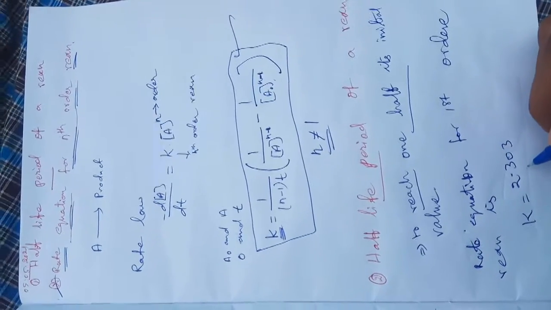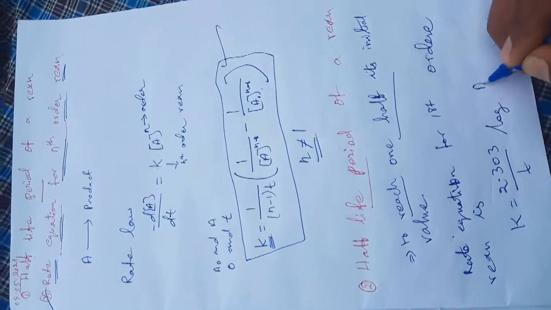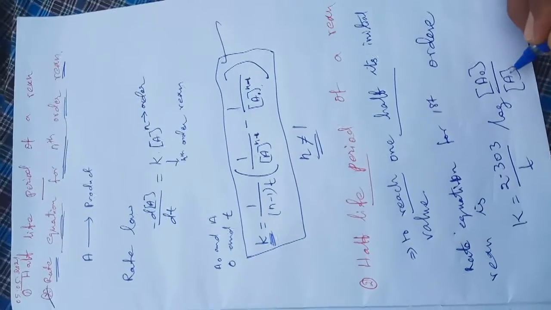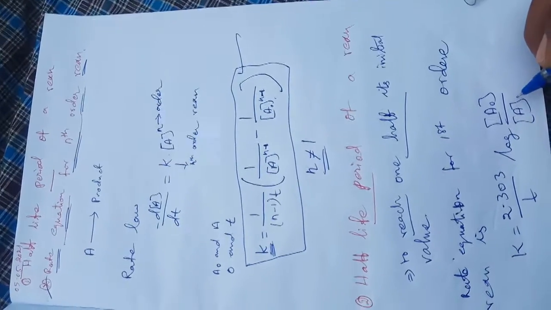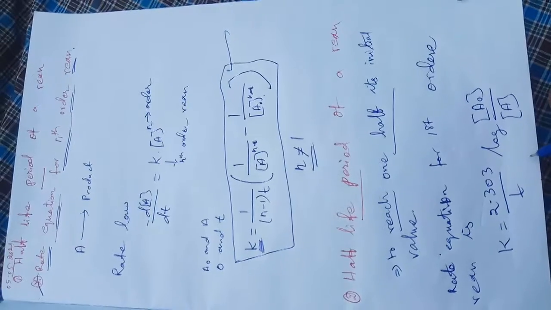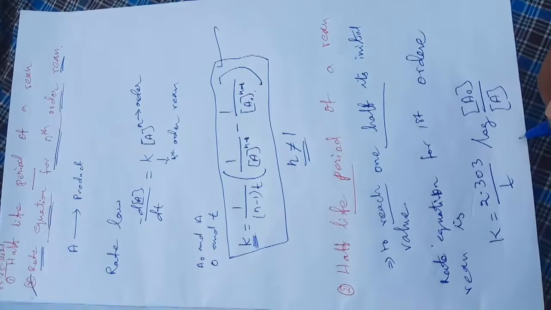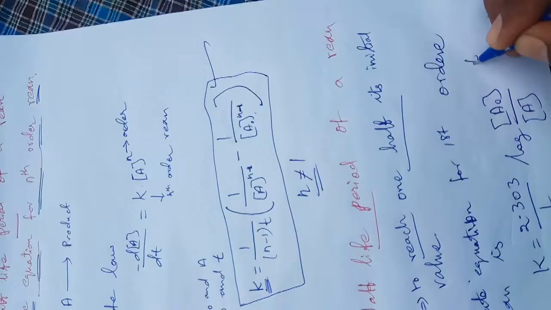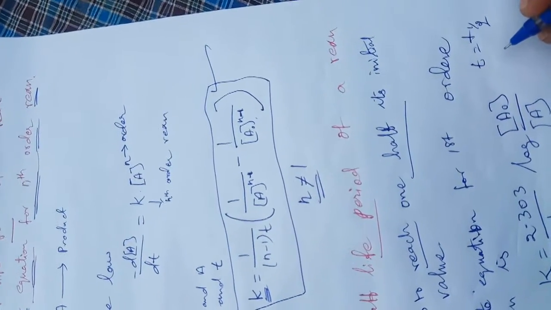2.303 divided by T into log of the initial concentration divided by the final concentration, A naught divided by A. So by the definition of half-life period, the time taken to reach half of its initial value, now consider the time as T half.